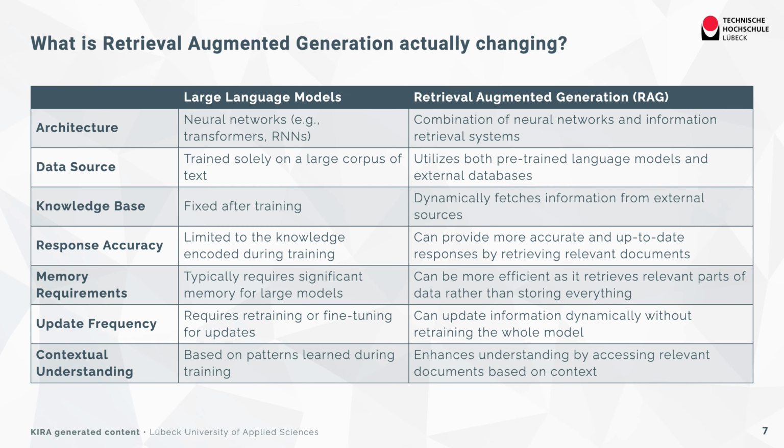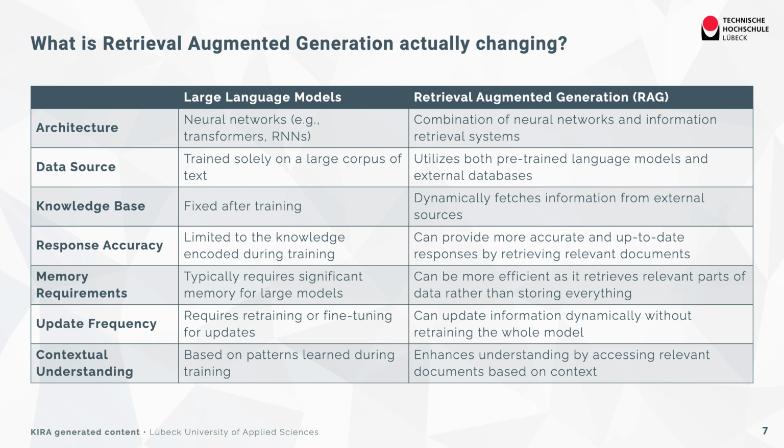So, retrieval-augmented generation combines large language models with information retrieval systems, allowing it to access external databases in real time and making them more accurate and up-to-date. Unlike traditional models, retrieval-augmented generation's knowledge base is not fixed and can dynamically update without retraining, making it more memory efficient.